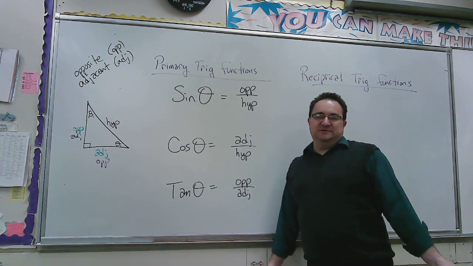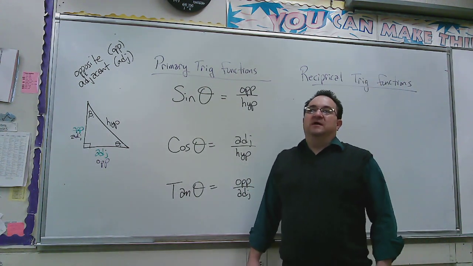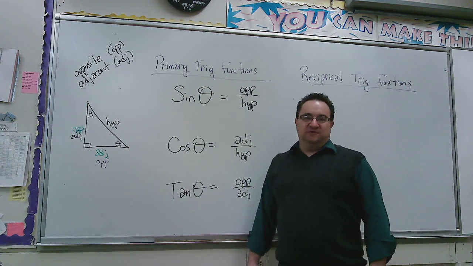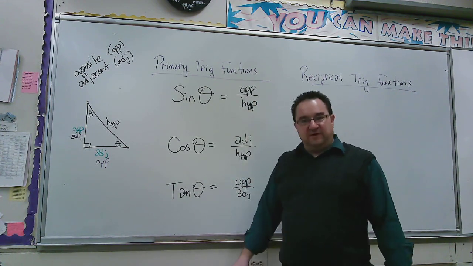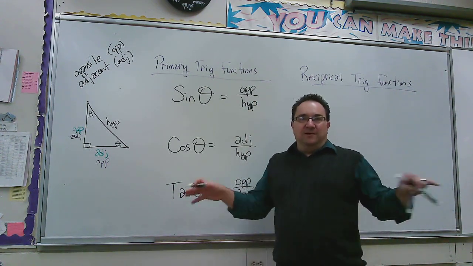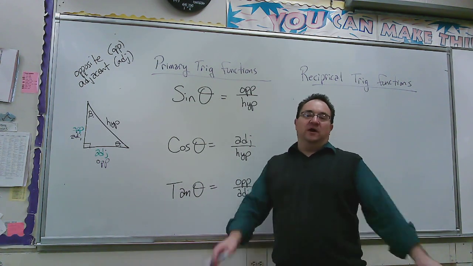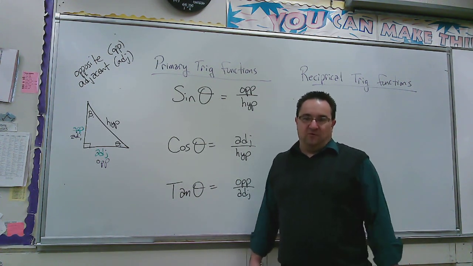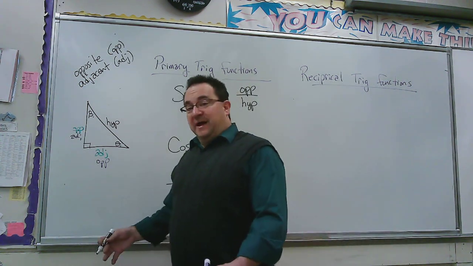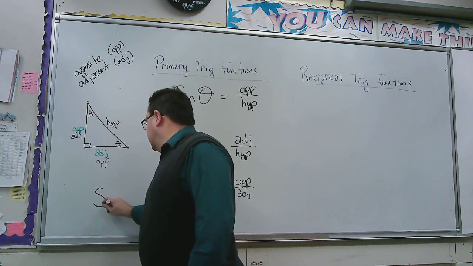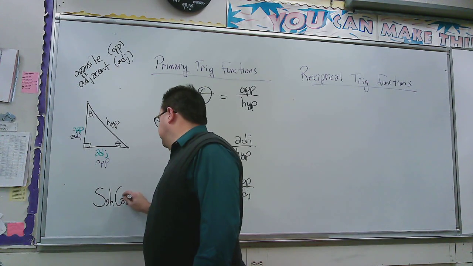Now these you must memorize. These are like your times tables. If you're going to go on in math, knowing the trig functions, their definition is bedrock, foundational, square one stuff that you have to know. So you need to memorize these. You may have heard of a mnemonic device, SOHCAHTOA.